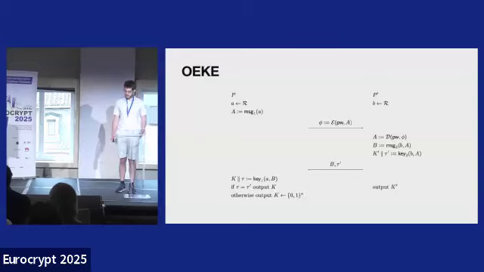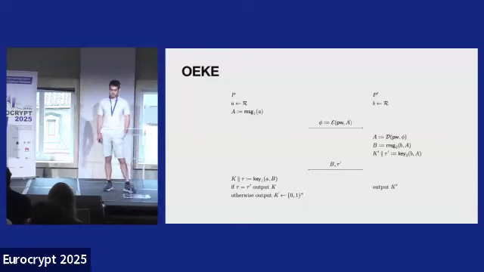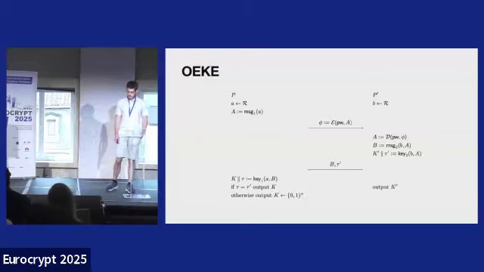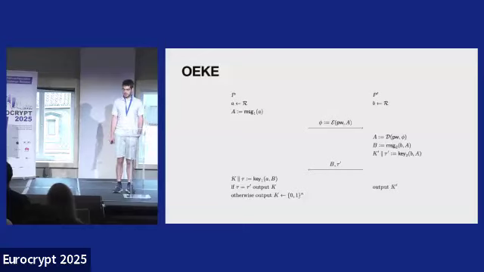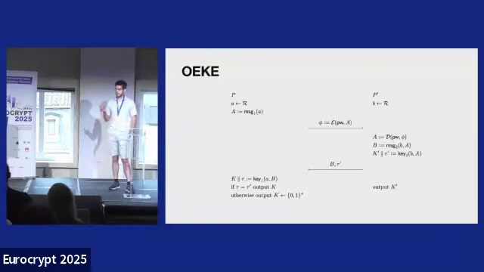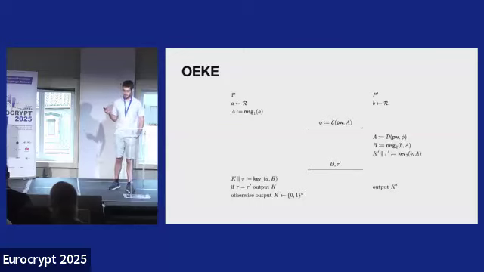There's also a variant called OEKE, or one-time encrypted key exchange, where instead of encrypting the second message, you just derive your key, and you also derive an authenticator tag to check if the second message was modified or not. So this also gives you one-sided explicit authentication for free.